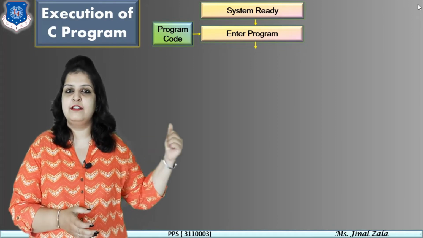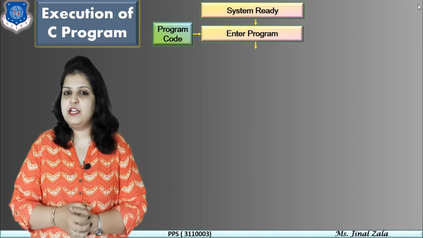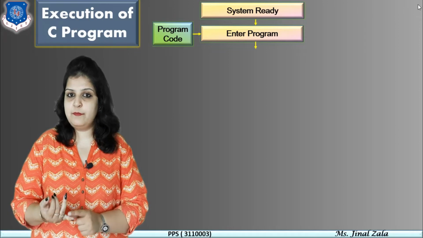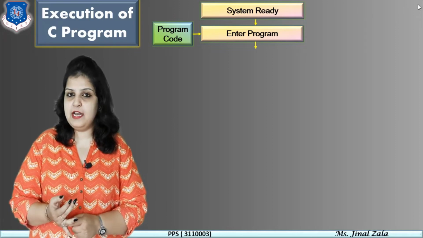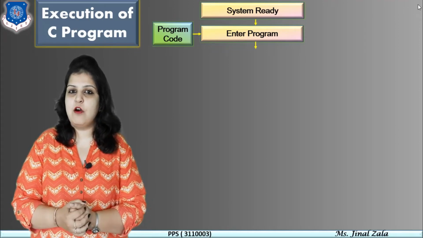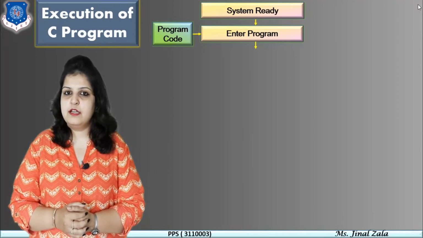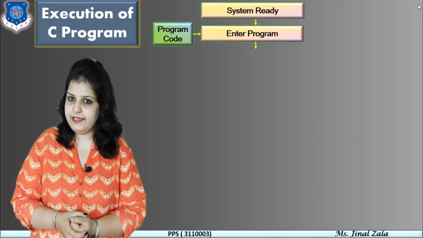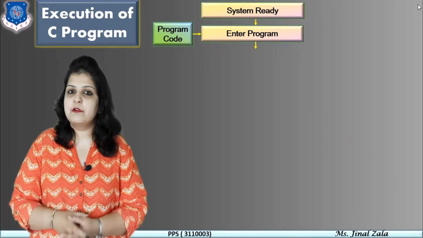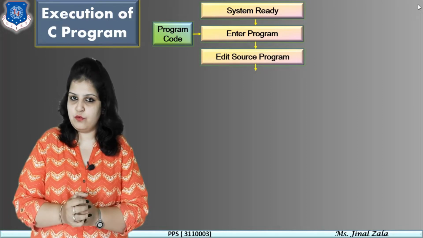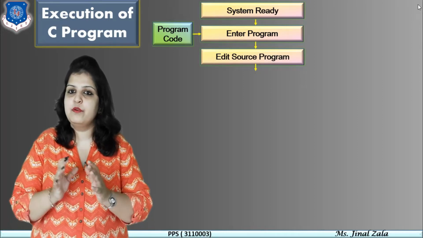Which applications are used for C programming? Dev C++, Notepad++, and Turbo C compiler are all examples of applications for C programming. If it is already available, then open the application and edit your source code, meaning write the program.